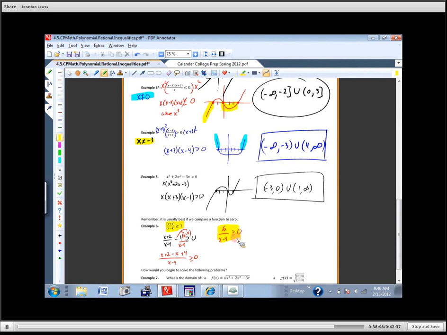Okay, we're going to get rid of the denominator in just a second. Emily, what is it? If you're solving an inequality, you want to look at it and say, hey, is there anything I know I can't use from the beginning? And I know I can't use what? I can't use a 4. I know 4 can't be in my answers. Okay, you could see that at the beginning also.